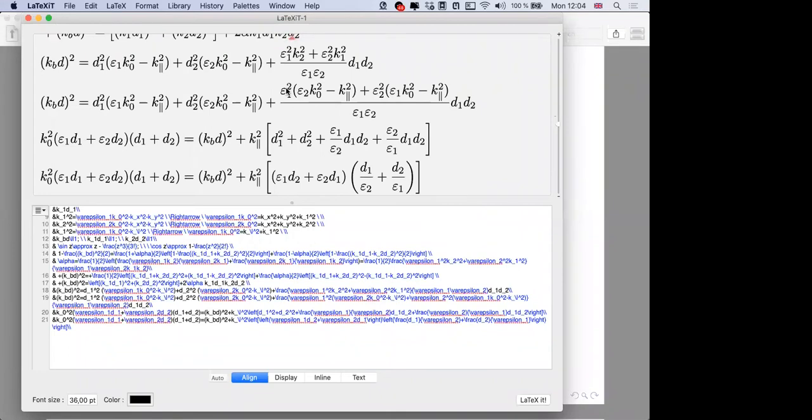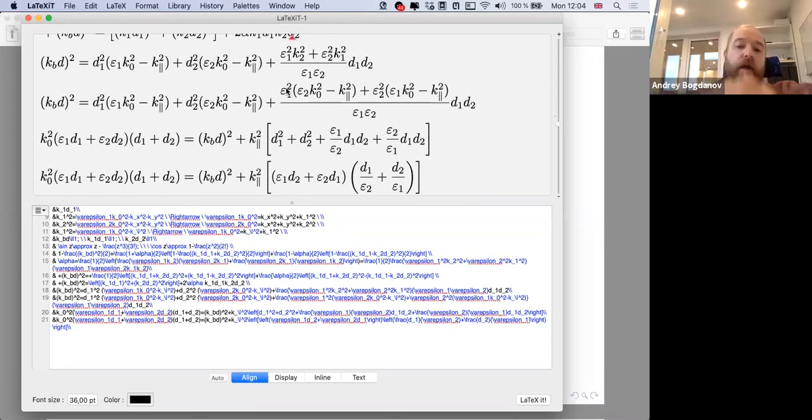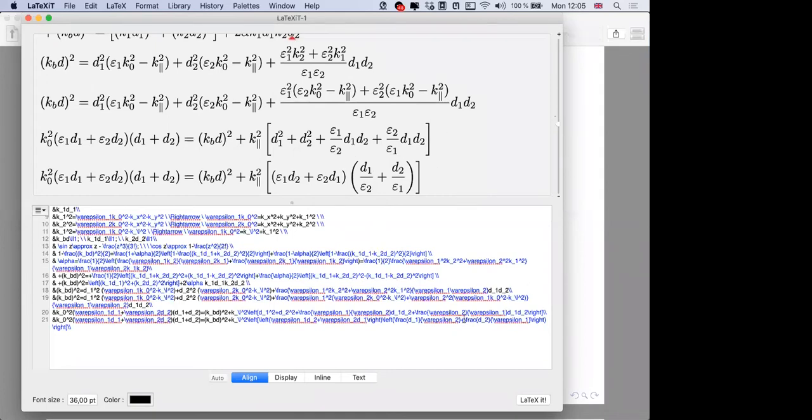Yes, and we can multiply the second bracket by epsilon 1, epsilon 2, and then we will have the same bracket on the left side and on the right side, like epsilon 1 d1 plus epsilon 2 d2. Okay, I agree. Let me write. So I need just to rewrite this last bracket here, yeah? Yes.